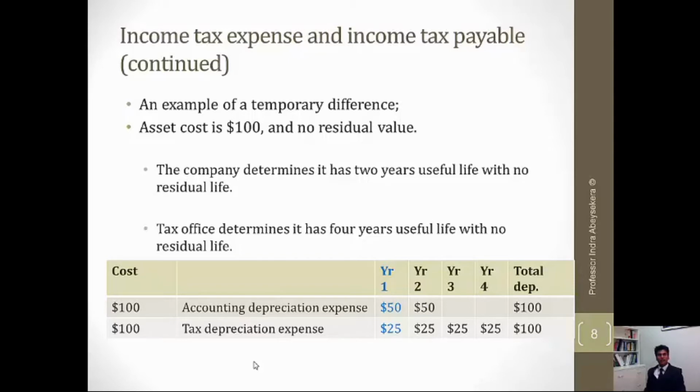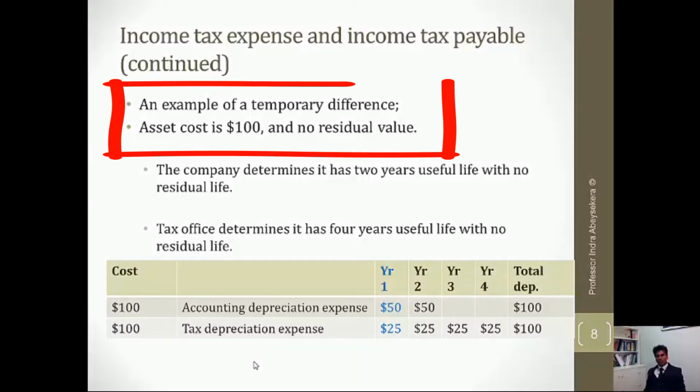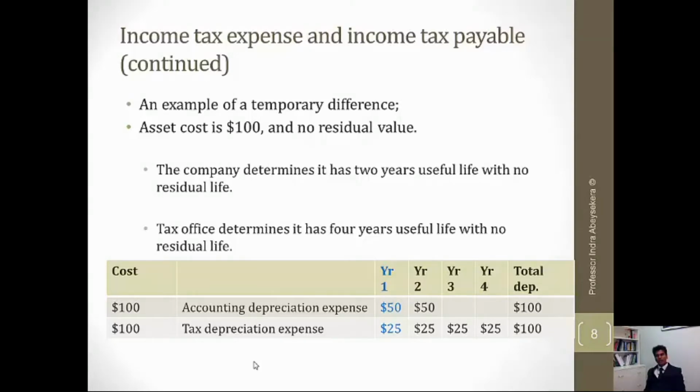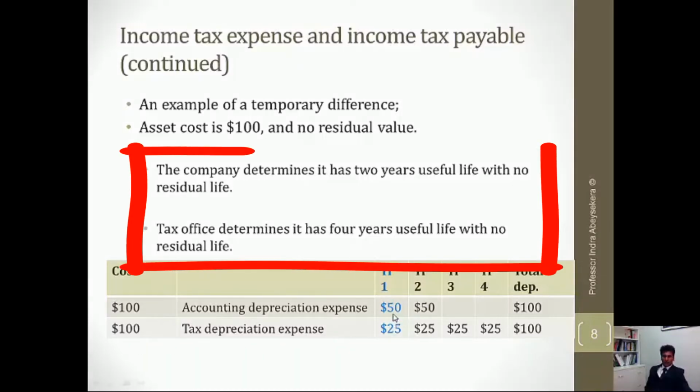Now let's take an asset. It costs $100 and no residual value. Let's say accounting principle says it should depreciate over 2 years, and that is 50 and 50, and the tax rule says it must be depreciated over 4 years, so 25 each year.